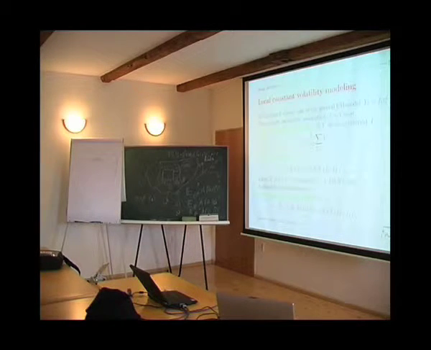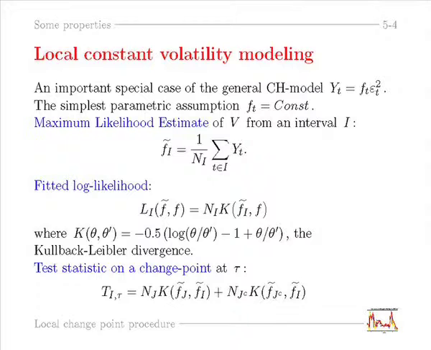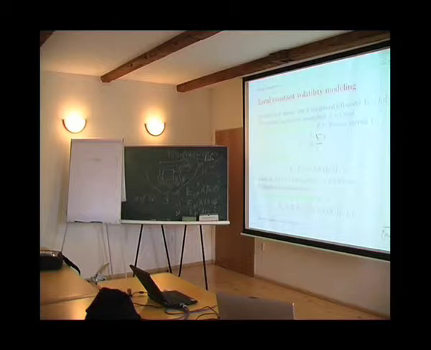So you have three estimates, one for the interval I, this is the estimate for interval J, and this is the estimate for interval J complement. Each of the three estimates is a mean value, and you compute this Kullback for the normal formula, and this is a test statistic.